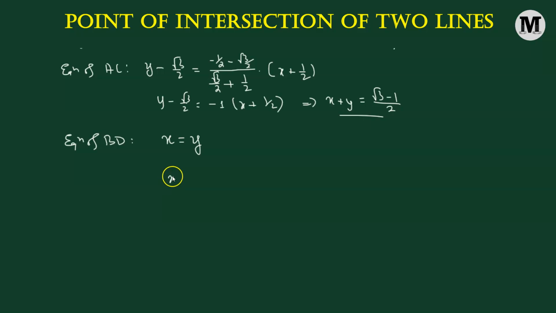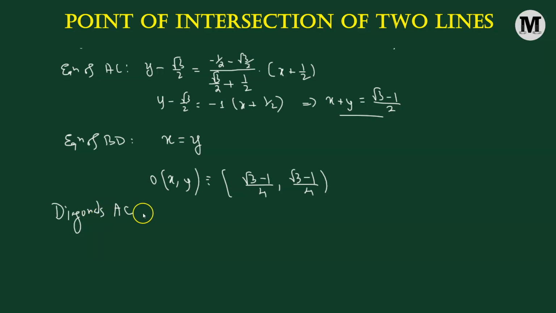When we solve this, x comma y, which is the coordinate of point O, becomes square root of 3 minus 1 over 4, and the y coordinate is also square root of 3 minus 1 over 4. Now this is telling us that the diagonals AC and BD bisect each other at the point O.